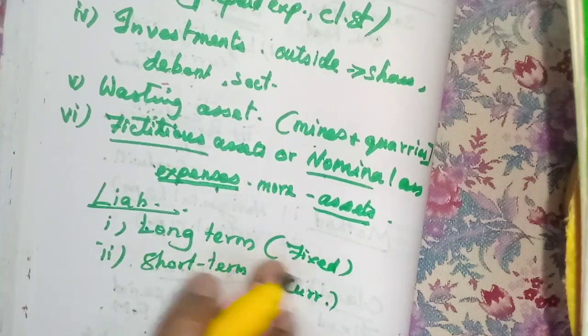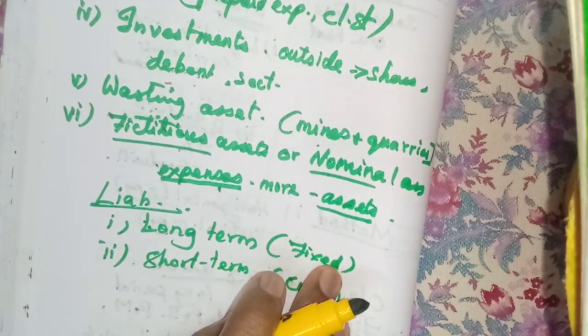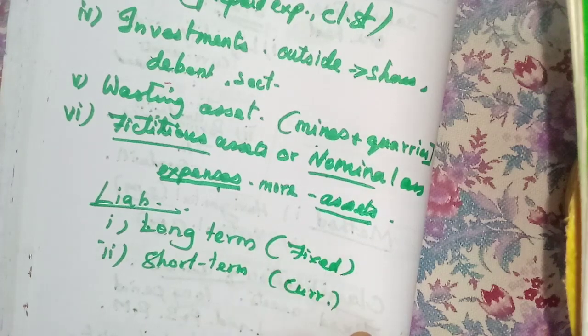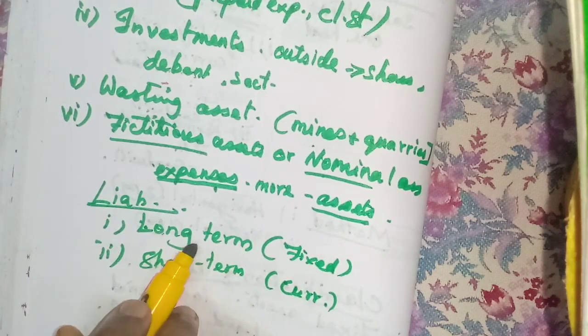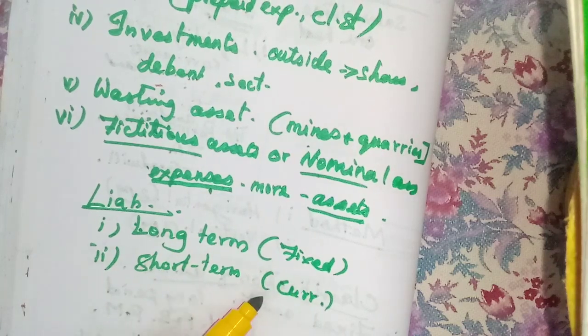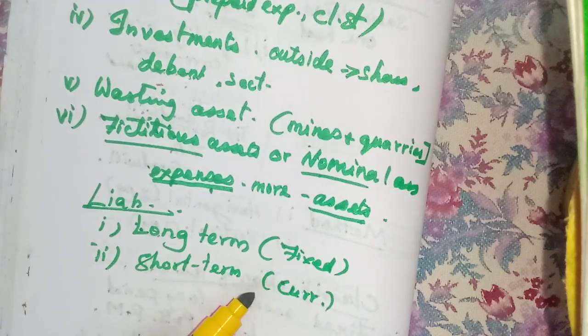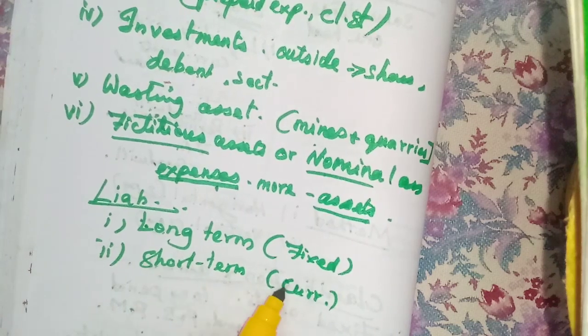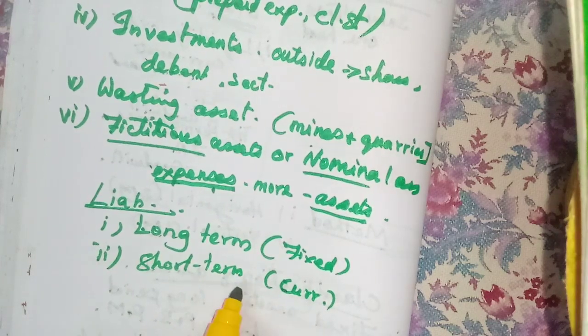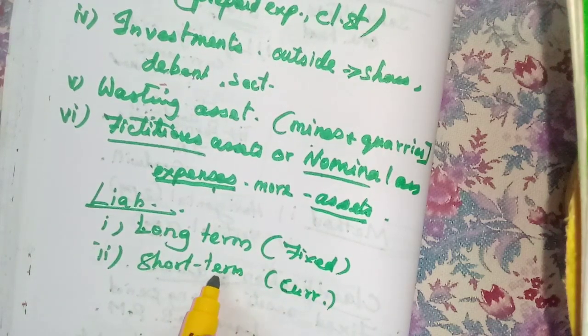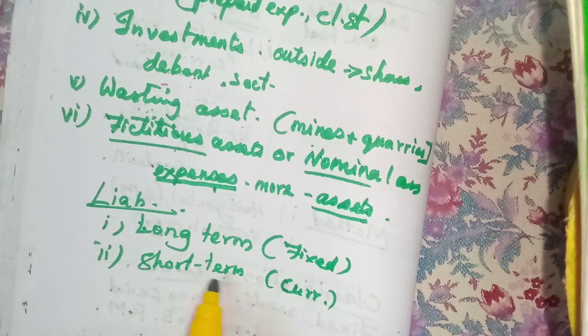Long-term liabilities include the capital, long-term borrowings from loans, and debentures. Short-term liabilities include bank overdraft, sundry creditors, bills payable, and any short-term borrowings. Outstanding expenses and income received in advance are also shown under this heading.